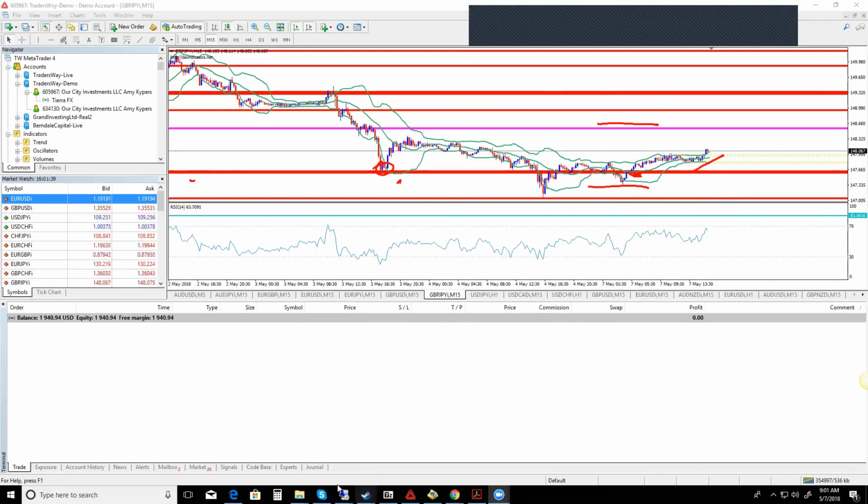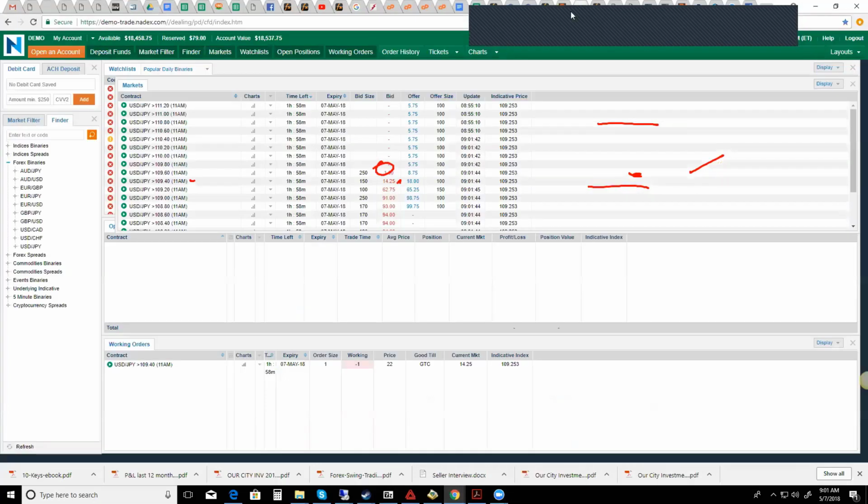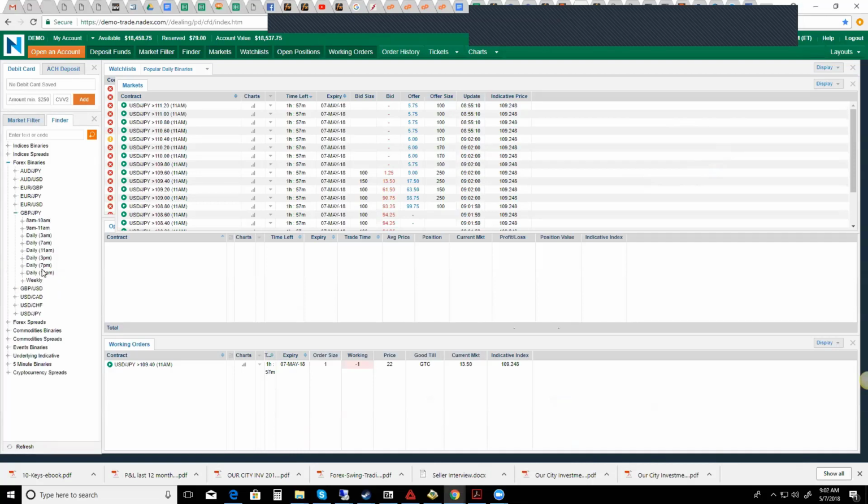Let's go look at 147.80 on the buy. That's still pretty high. Yeah, it looks like that USD came back up and left.